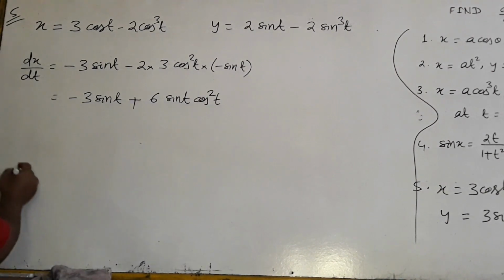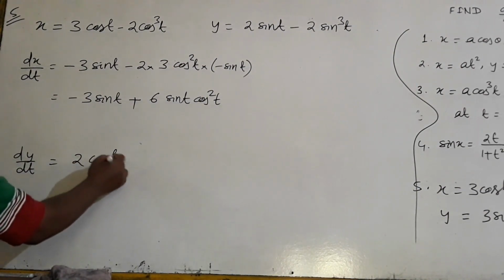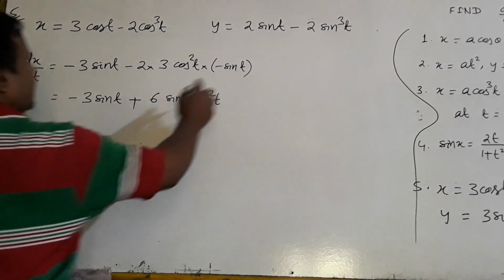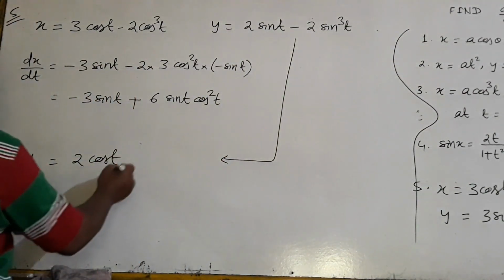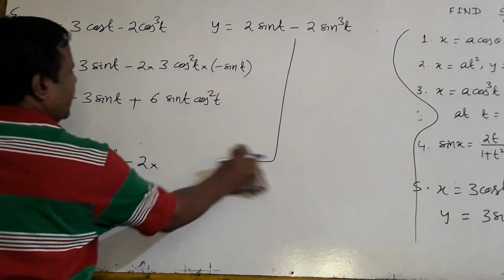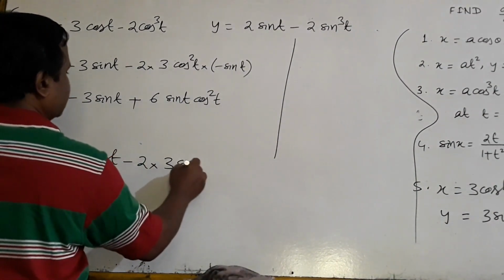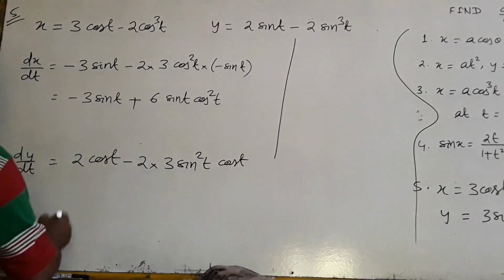Okay. Similarly, what is dy by dt? Tell me. It is 2 cos t. Directly I am writing, y is here. dy by dt is 2 cos t minus 2 into the derivative of sin cube t. It is 3 sin square t into the derivative of sin t, which is cos t.